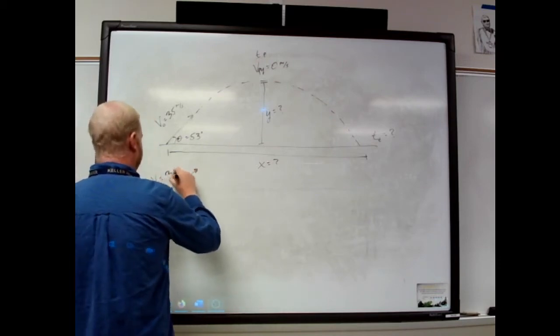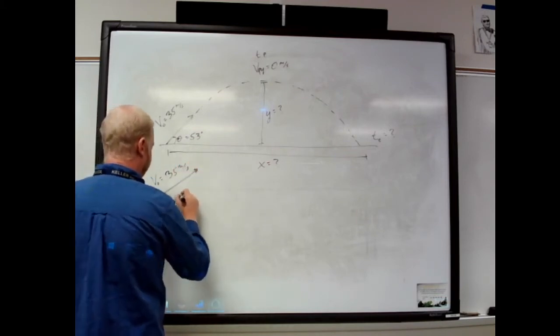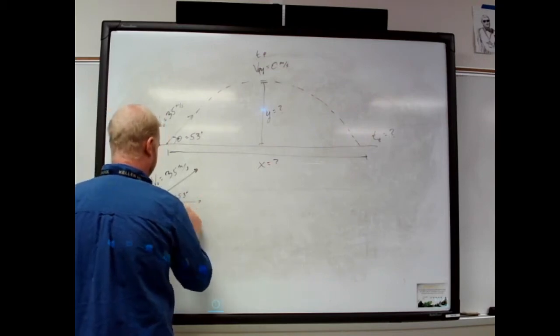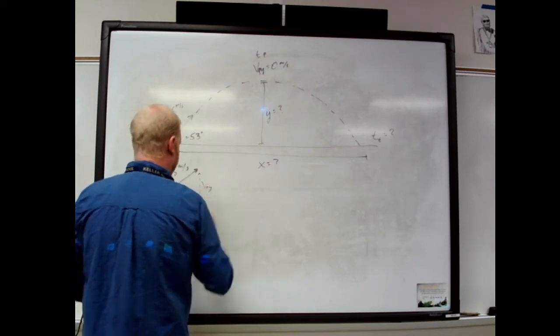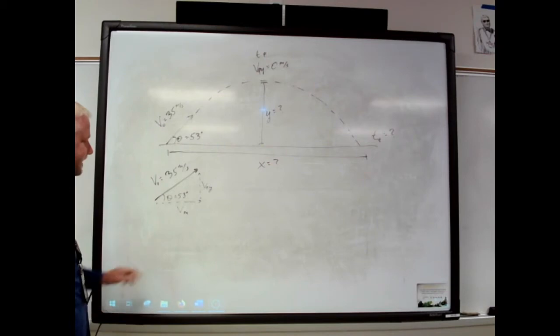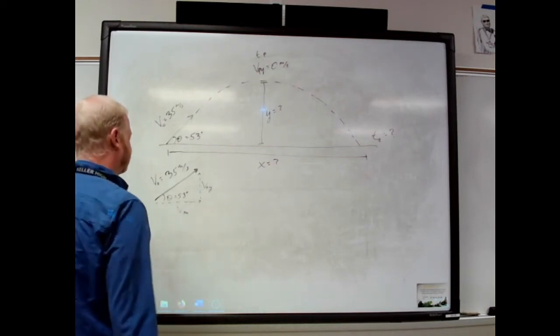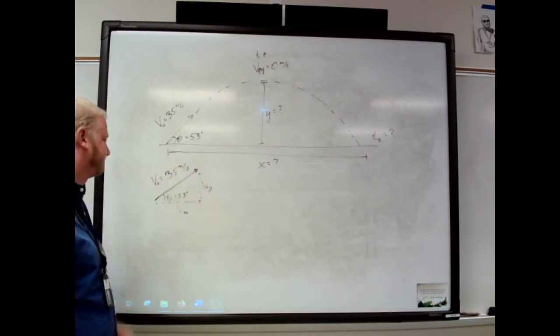We've got 35 meters per second at an angle of 53, with V naught x and V naught y. In order to get your individual components, you've got to use your trig functions. This is your hypotenuse here. We've got our adjacent side and our opposite side.